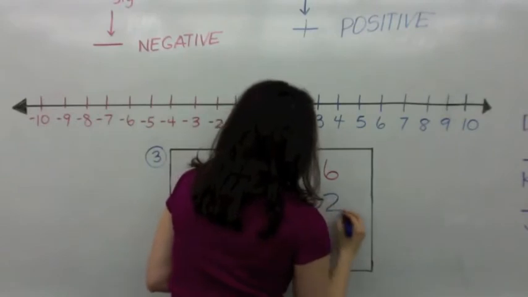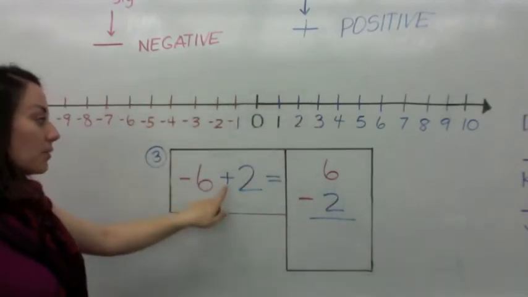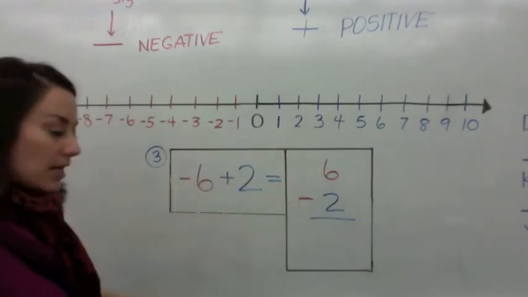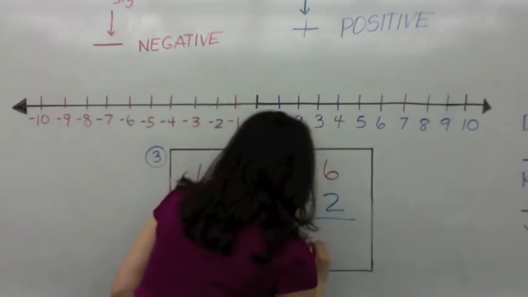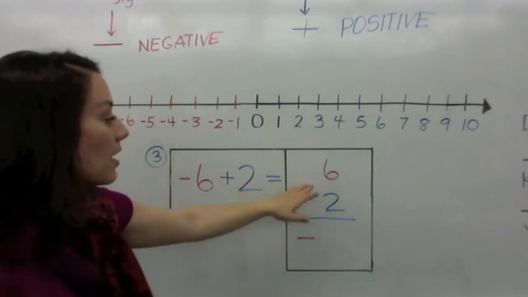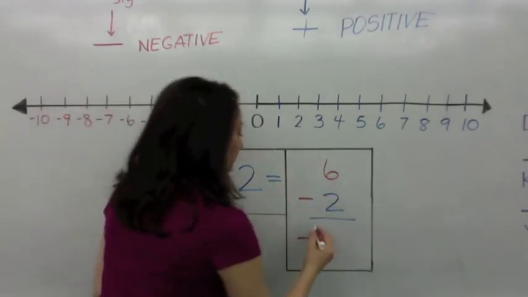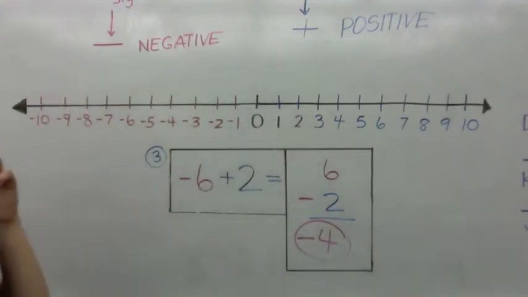Now, what is the sign of the higher number? If 6 is the bigger number, what is its sign? It's negative, correct? So whatever answer you get when you subtract, you're going to have to make it negative. So we're going to take 6 and subtract 2. Say 6, 5, 4. And the answer is going to be negative 4.